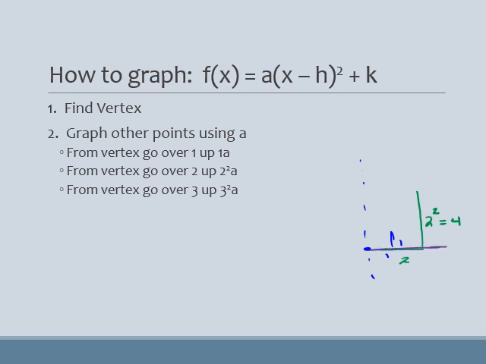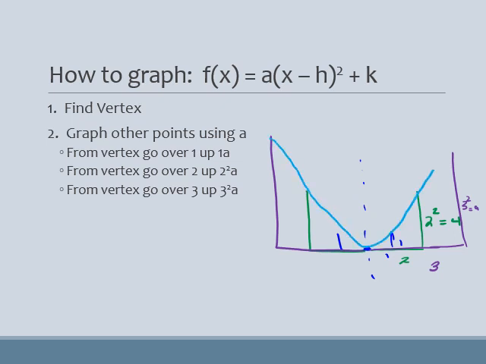And then I'm going to go over 3, is the purple, and up 3 squared, or 9. And then I'm going to do it on both sides, right? Because of that axis of symmetry. And that's what gives us that curved shape.